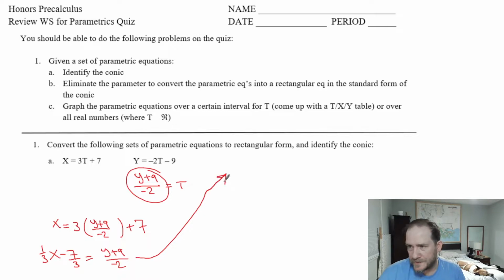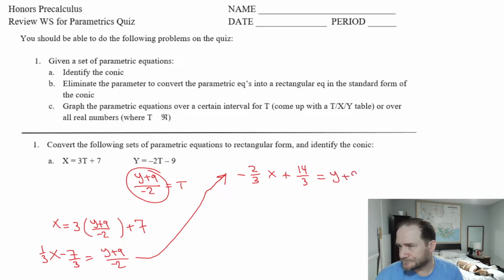And I'm running out of space, so let me come up here. Multiply through now by -2. You'll get -2/3 x plus 14/3, and that equals y plus 9. So finally subtract the 9.